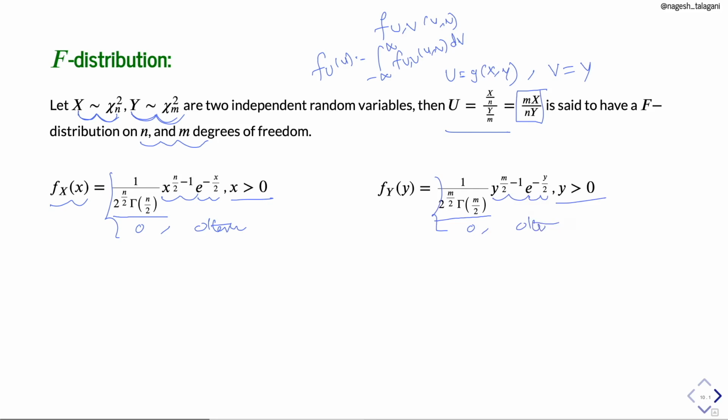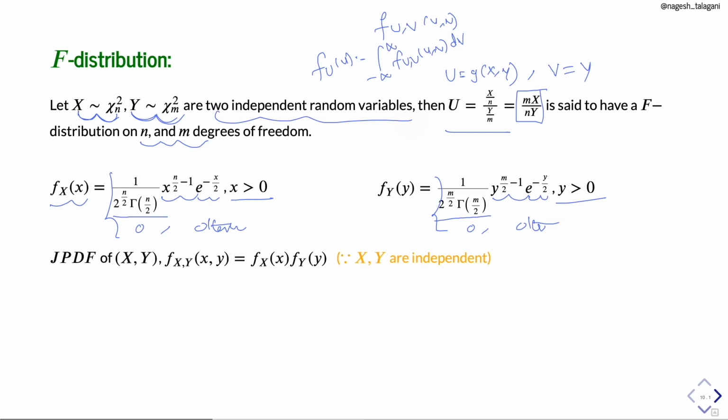Okay. Here x and y are independent random variables, so the joint PDF of x, y we can write as the product of the marginal PDFs. So the joint PDF of x, y is going to be the PDF of x times the PDF of y.